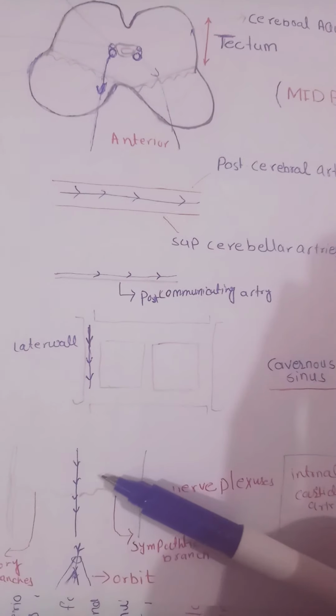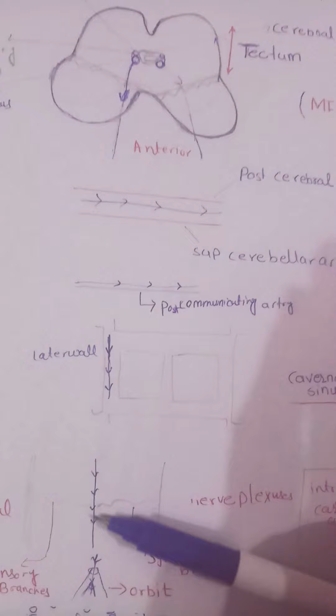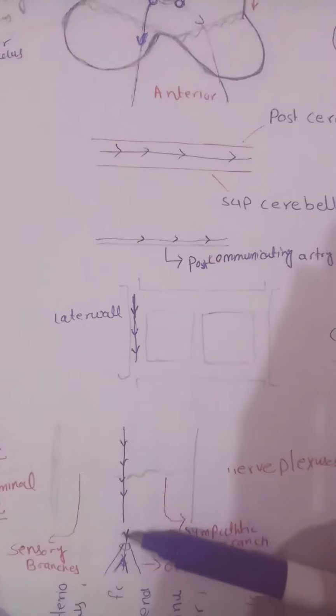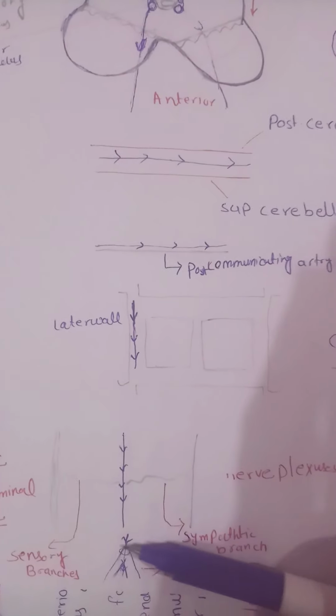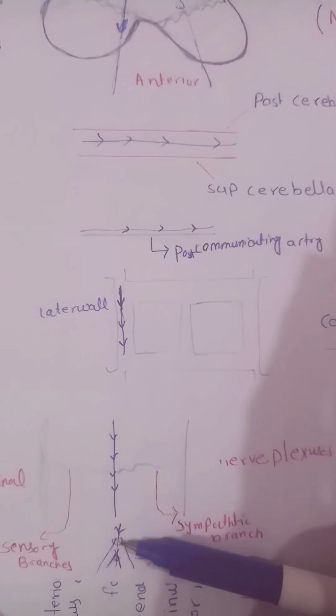These sympathetic branches also move along with the oculomotor nerve. Then the oculomotor nerve enters the orbit through the superior orbital fissure.